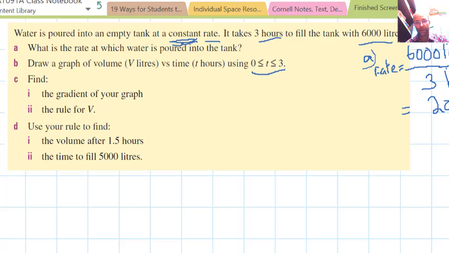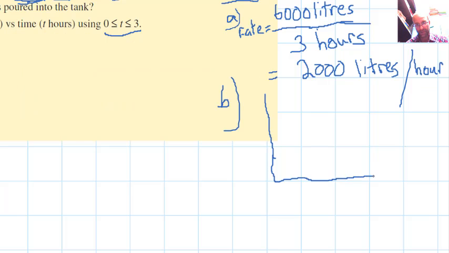So we said that the volume depends on the time, so that means when we draw our axes, we will have time down here because it's independent, and we'll have the volume on the vertical axis. So it's said here to make T go between 0 and 3, so 0, 1, 2, 3.